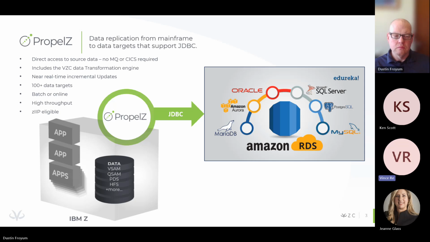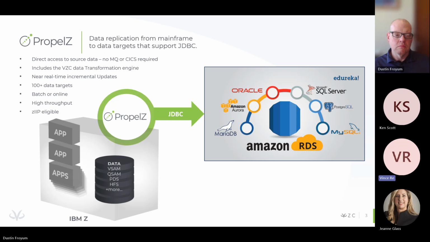Very, very flexible. Another feature I'll just mention very quickly. Sometimes we run into really large scale projects. We spoke to a customer that's trying to migrate potentially millions of files to databases in the cloud. And for those cases, PropelZ is an obvious thing to do.